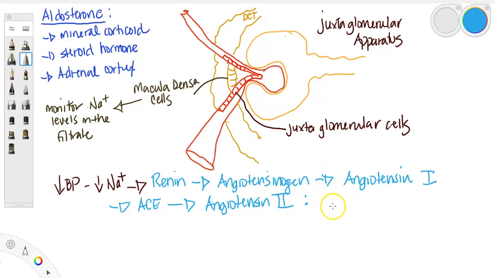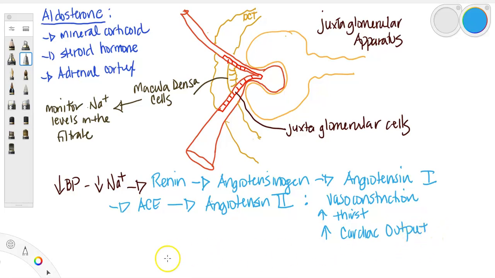Okay, so what does angiotensin 2 do? Well, it causes vasoconstriction. Okay, so increased vasoconstriction. It increases thirst. And it increases cardiac output. Okay. But it also does another thing.